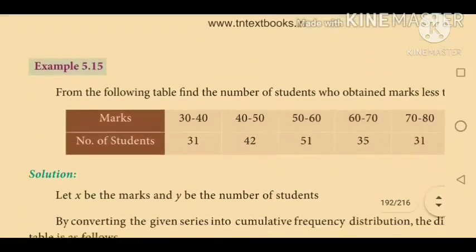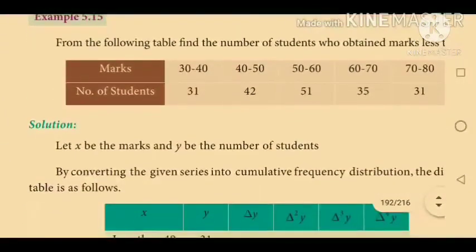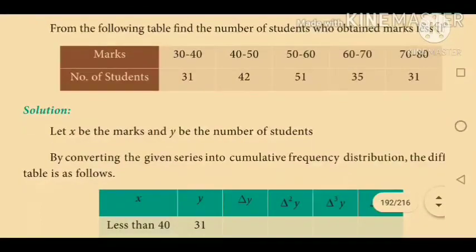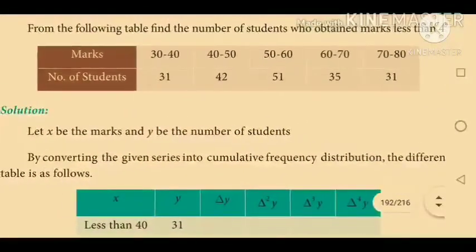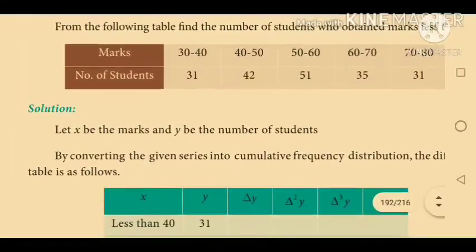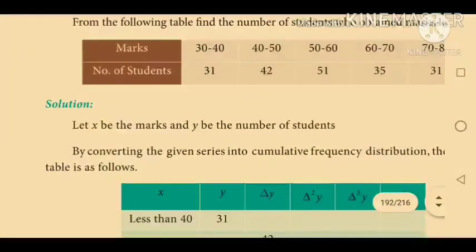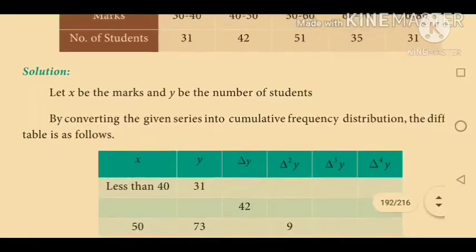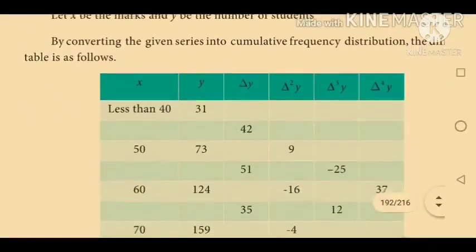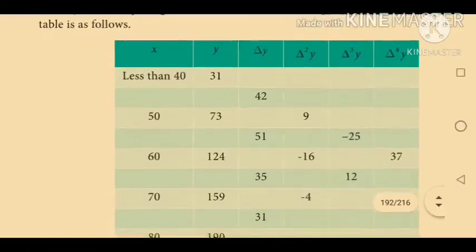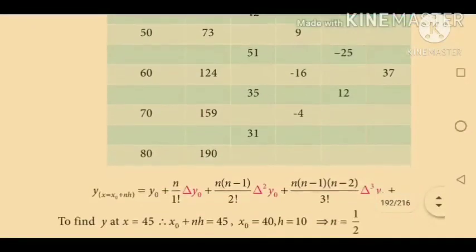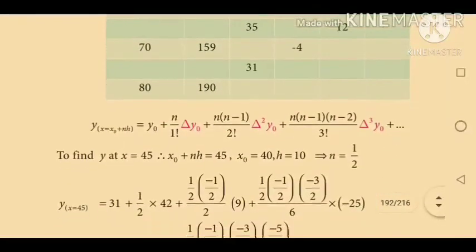Okay. So from the following table, find the number of students who obtain marks less than 45. Less than 45 means it is in the beginning. By converting the given series into cumulative frequency distribution, the table becomes x, y, delta y, delta square y and delta cube y. After that you apply the formula.